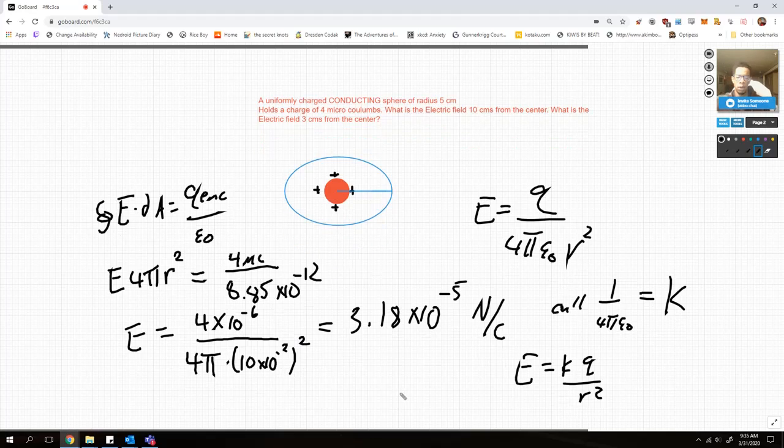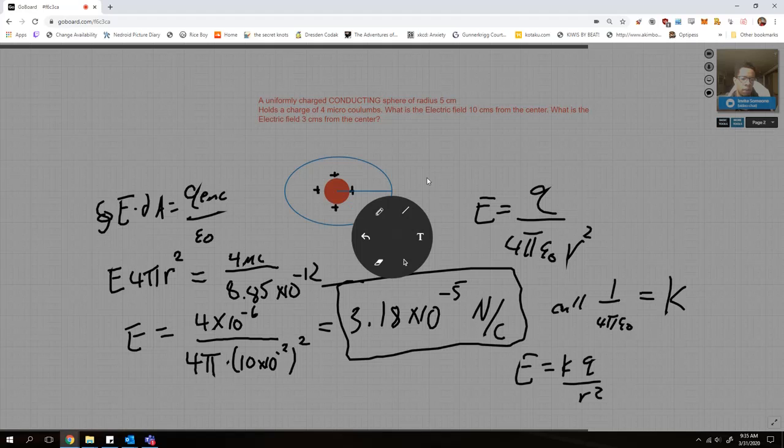All right, so we've done part one. You get this answer. Now part two says, what is the electric field 3 centimeters from the center? Okay, so for this one, 3 centimeters is going to end up inside of my conducting sphere because my conducting sphere is radius 5, and 3 is less than 5.